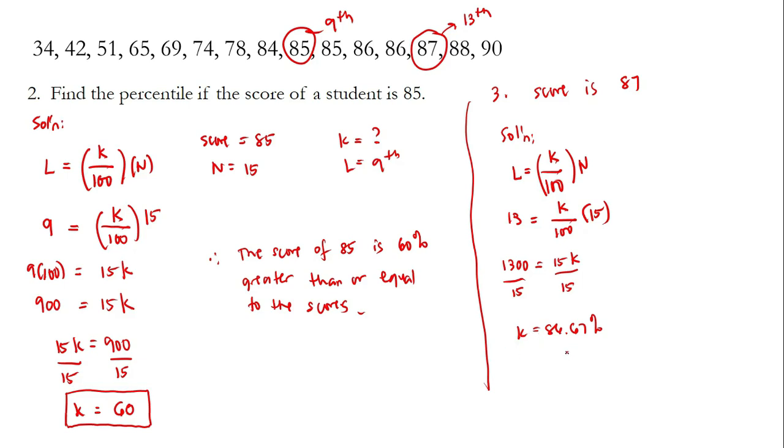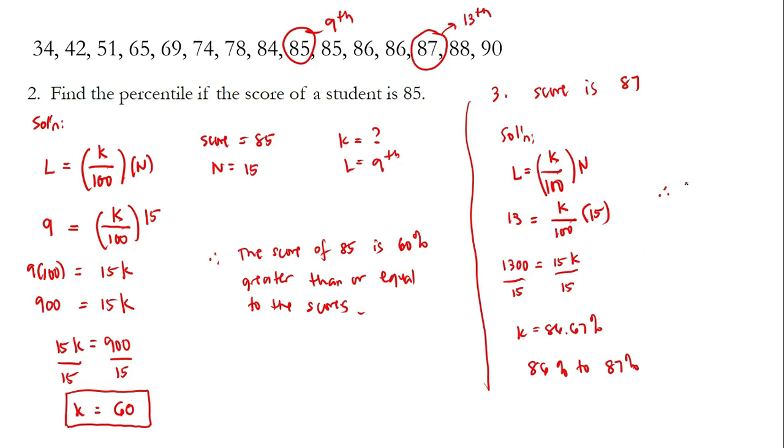Now, in this case, class, we just use an interval. Like the score of 87 is between the percentile 86 to 87%. So 86% to 87%.